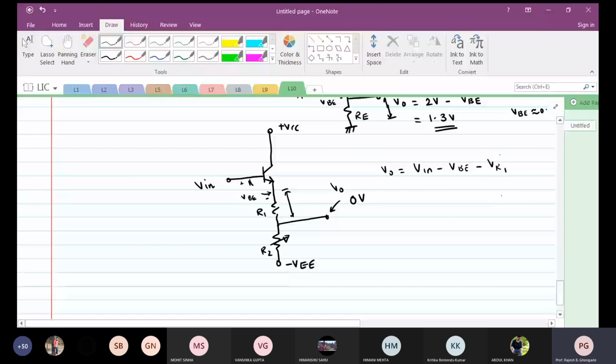So I have to make R1 such that VO is 2 volts minus 0.7 minus minus 1.3.